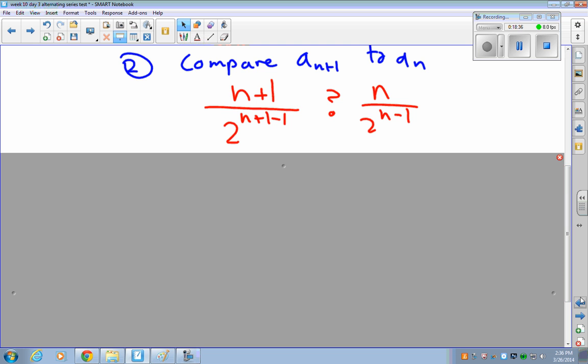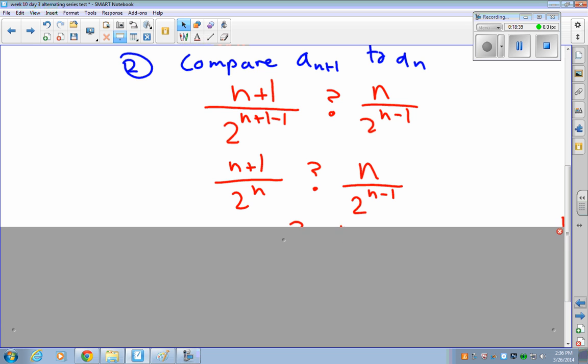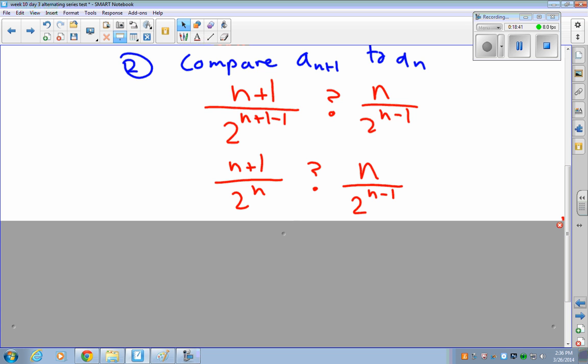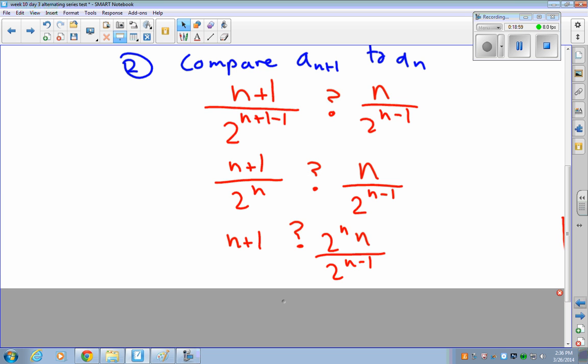Okay, so let's simplify a little bit. The n plus 1 minus 1 just goes to n for that bottom left guy. Think of the question mark as like an equal sign right now, or a greater than sign, or a less than sign. You can cross multiply and solve with that sort of thing. What did I just do?